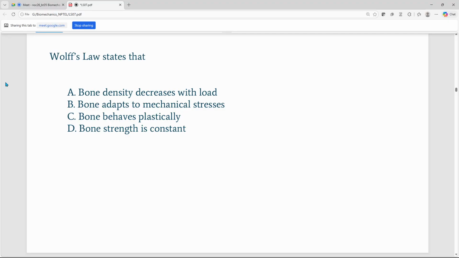Answer is option B. Wolff's law states that the bone adapts to the mechanical stress it is exposed to.